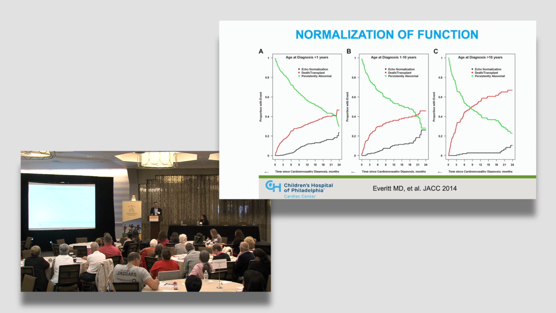But with medical therapy and close follow-up, actually a good number of these children, we wish it were more, can have a complete normalization of their function over time, which is just uncommon to see in adults. So again, the diseases, while they may look the same on an echocardiogram or an MRI, are actually very different.